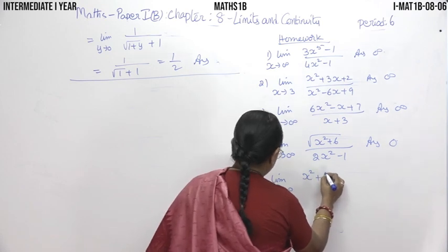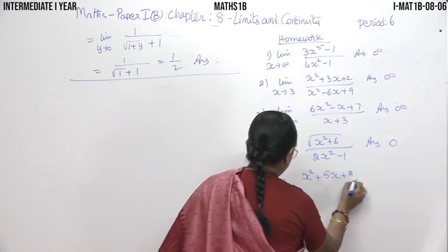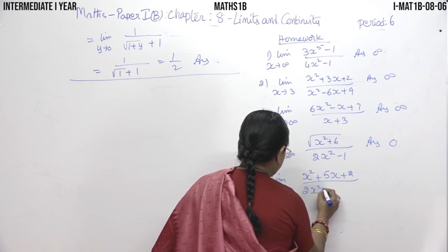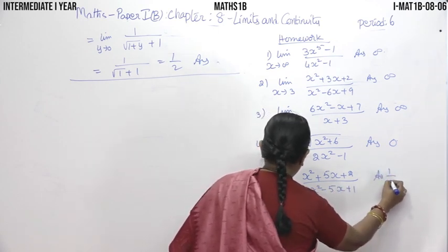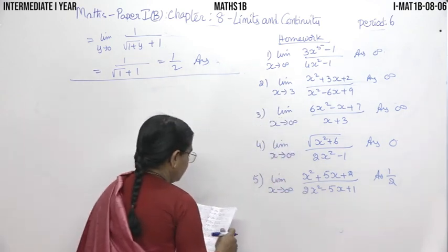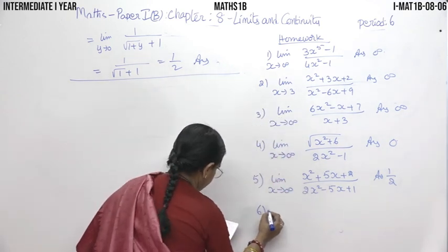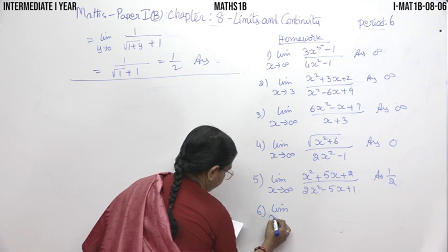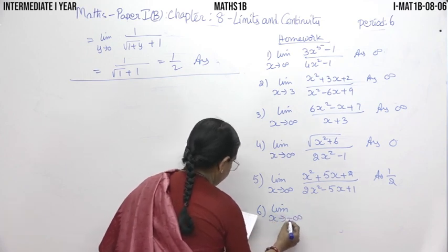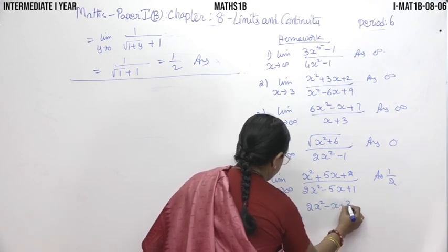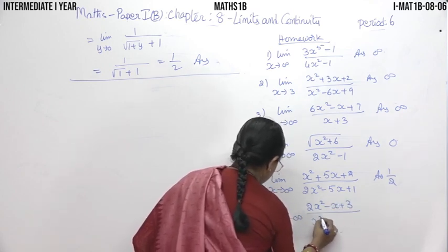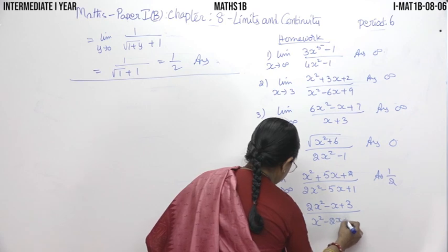X square plus 5x plus 2 by 2x square minus 5x plus 1. So the answer is half. Okay, limit x tending to minus infinity of 2x square minus x plus 3 by x square minus 2x plus 5.